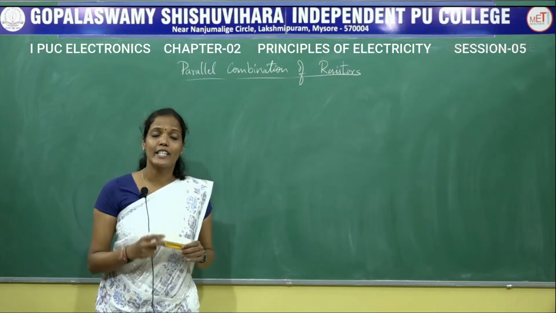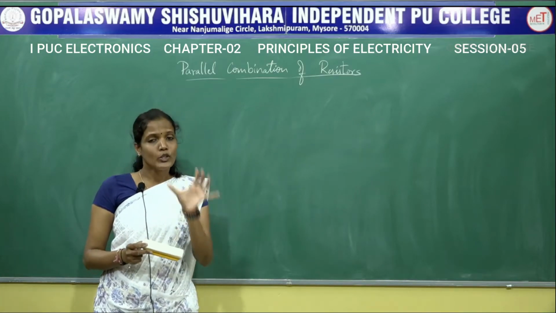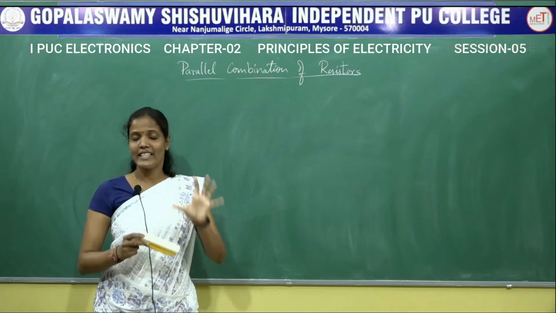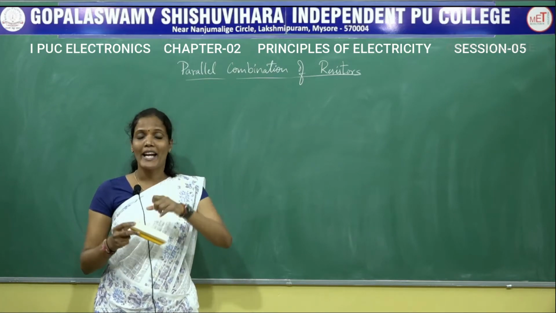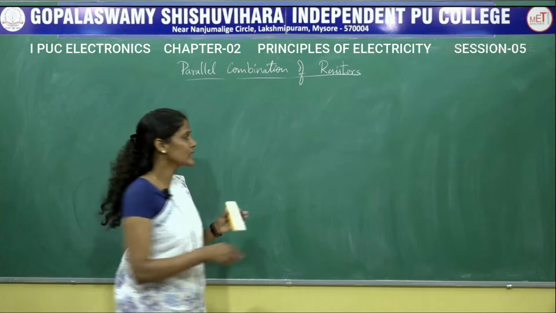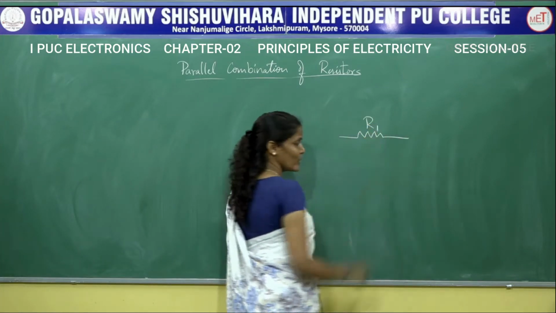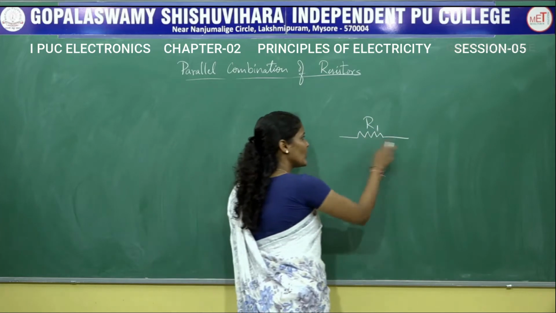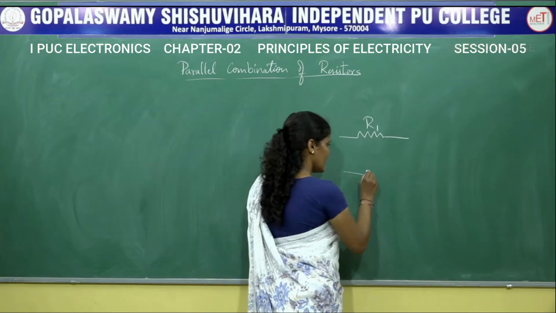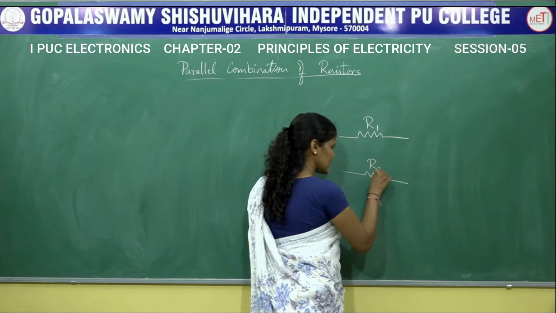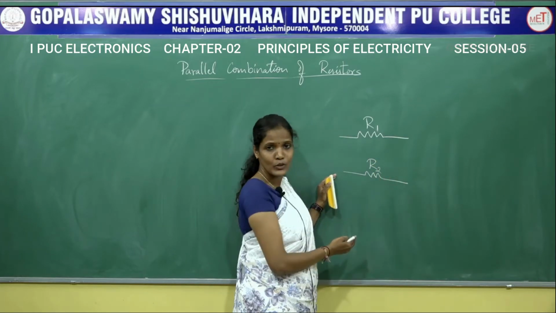The resistors are said to be connected in parallel when two ends of one resistor are connected to the two ends of another resistor. That is, if I consider this as one resistor, let me call that R1. These are the two ends of one single resistor. And if I consider this as another resistor, again this resistor has two ends.